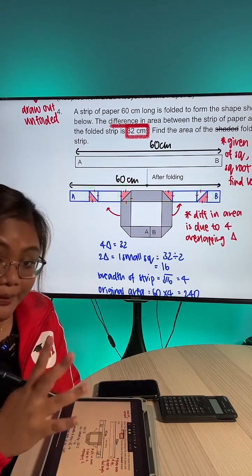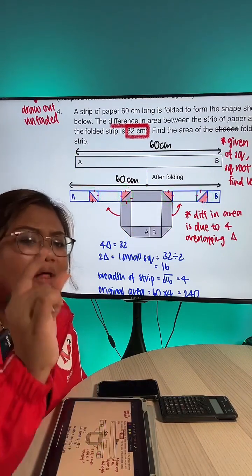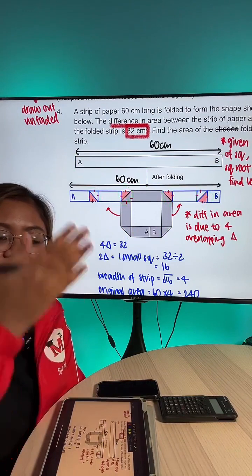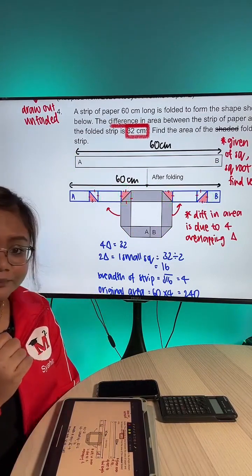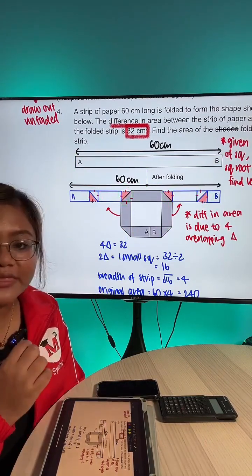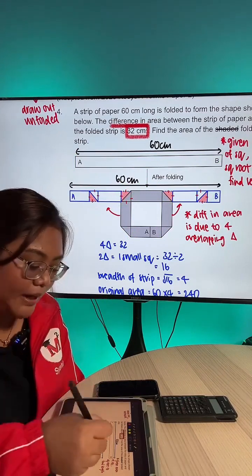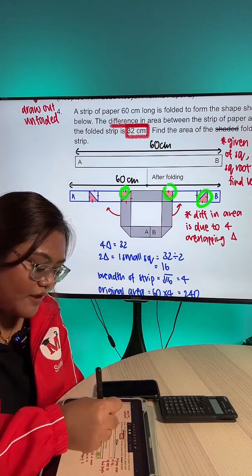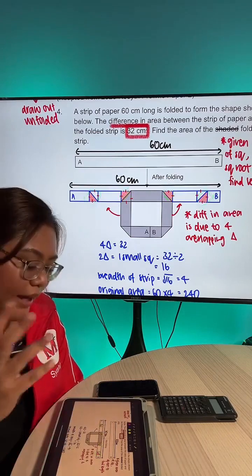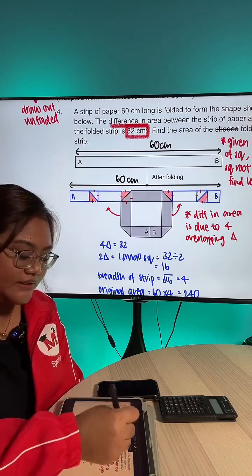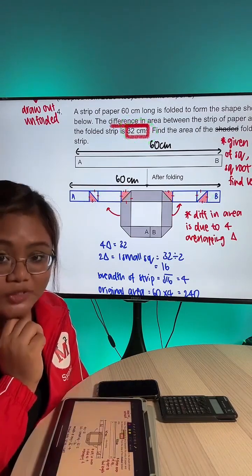And when they overlap and we find the area, we are only finding one of them. Okay, we are not finding the bottom part. Okay, so with that in mind, if we are not finding the bottom part, we are missing 1, 2, 3, 4 triangles. That is what causes the difference of 32 cm squared.